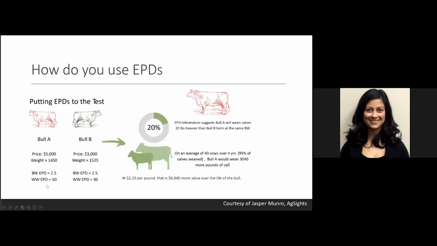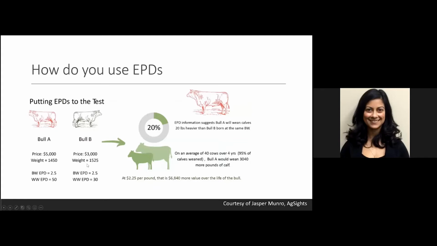You'd compare these numbers. And what this is telling you right here is that on average, if these two bulls were bred to the same cow herd and their calves were given the same opportunity to develop weaning weight, on average, Bull A's progeny would weigh 20 pounds more at weaning. And what the rest of the slide tells you for this example is it does the math for you at $2.25 per pound, what that translates to in economic value.